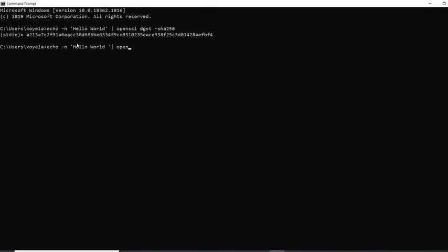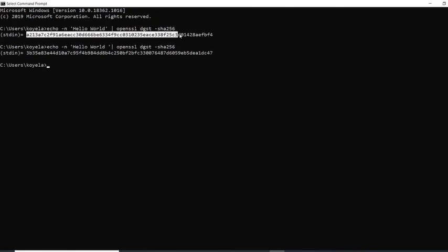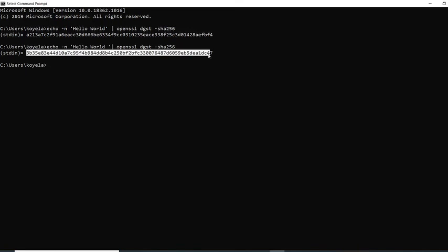And now let me look at how the digest of SHA256 looks in this case. This is quite different, right? It was A213 and ended with BF4, and this started with 3B and ended with 47, and the middle ones are also quite different.